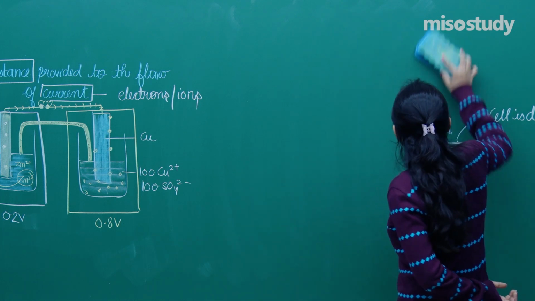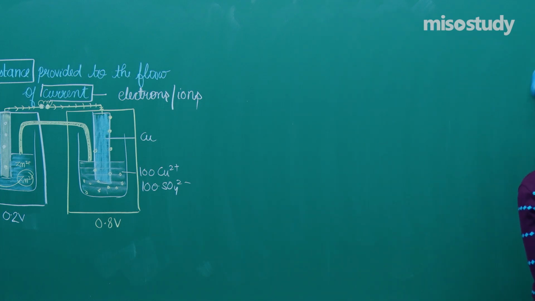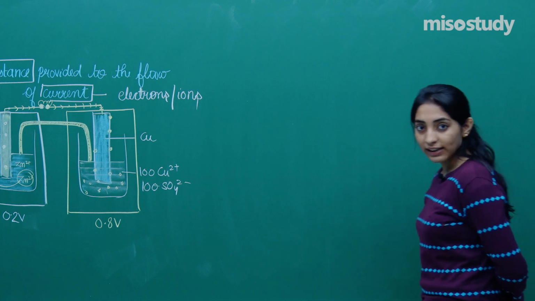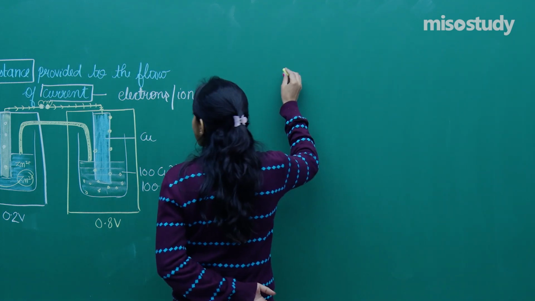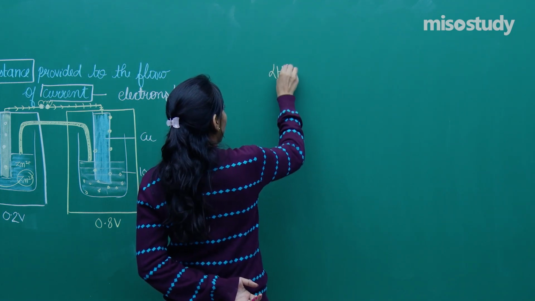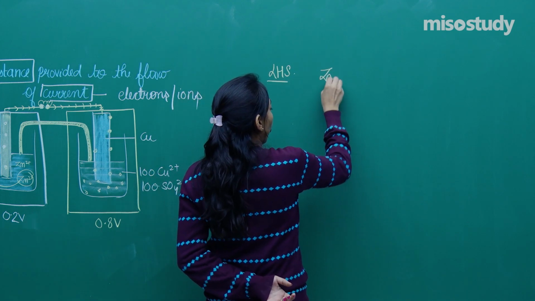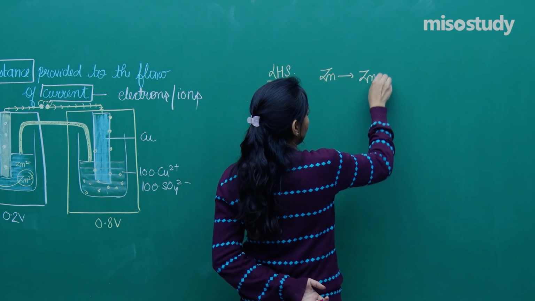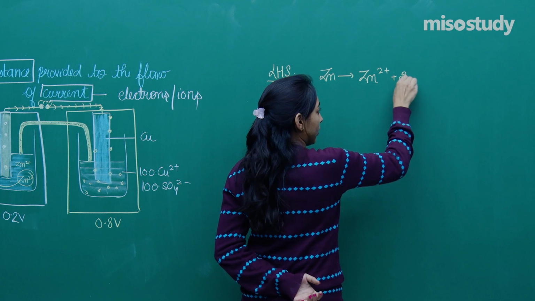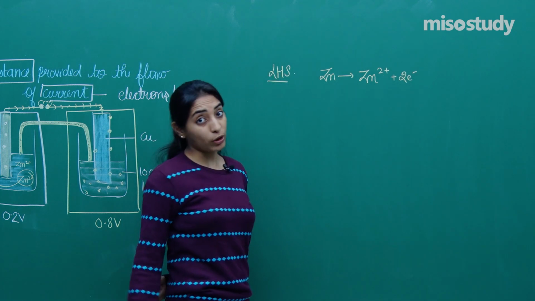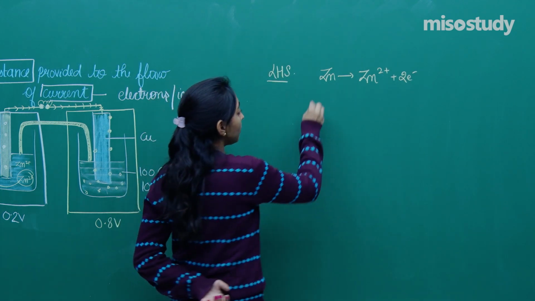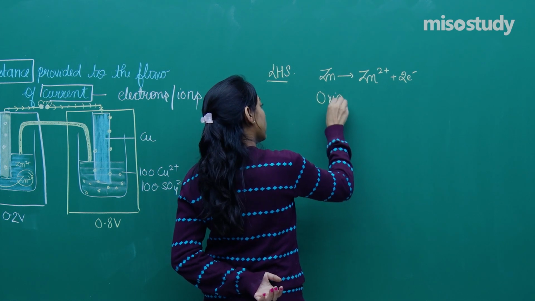When we are talking about the two half cells, we say that in the left hand side compartment, oxidation occurs. So the potential that I will be measuring will be the oxidation potential.